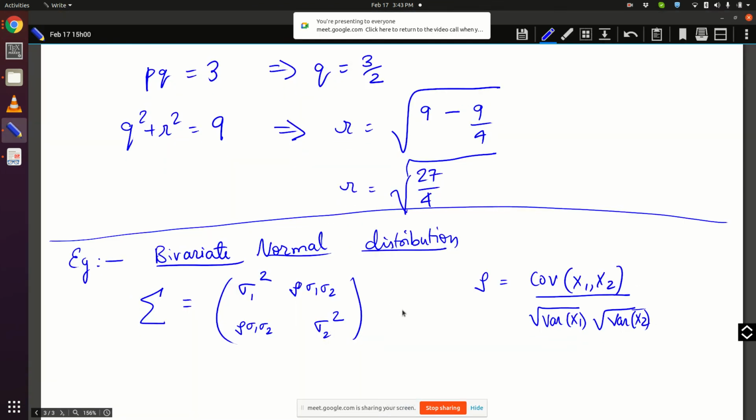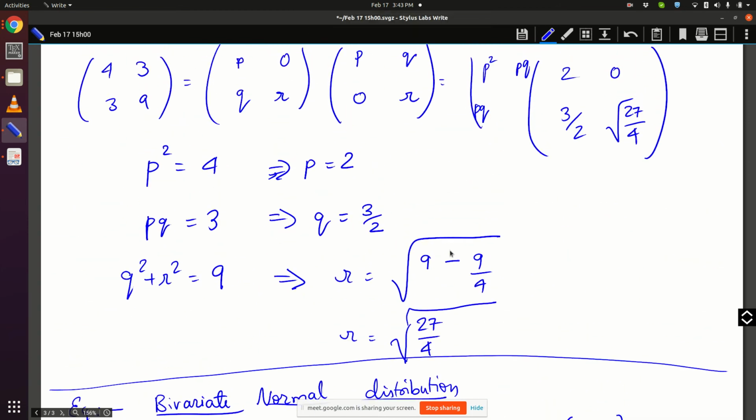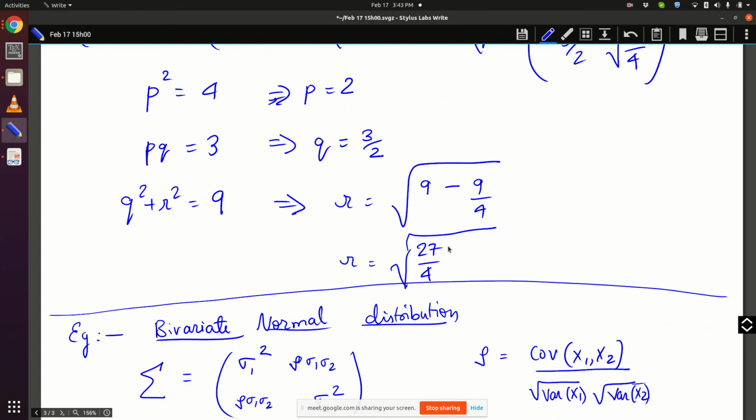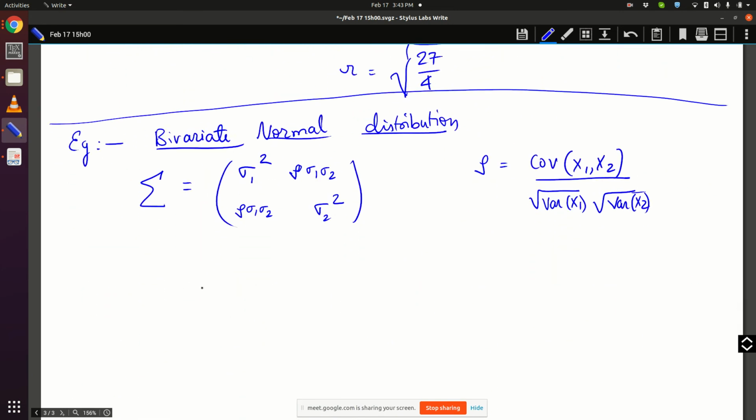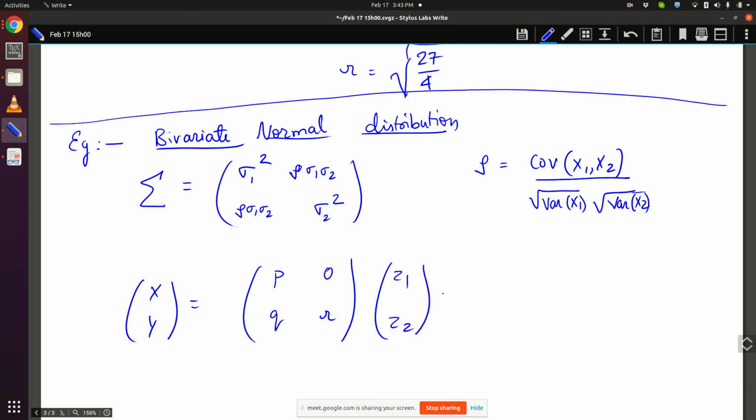So this is what we have now. What is the benefit of doing this? Let me try to explain that. Suppose I got this sigma from x comma y as equal to the sum of p0 qr times z1 z2 plus mu1 mu2.